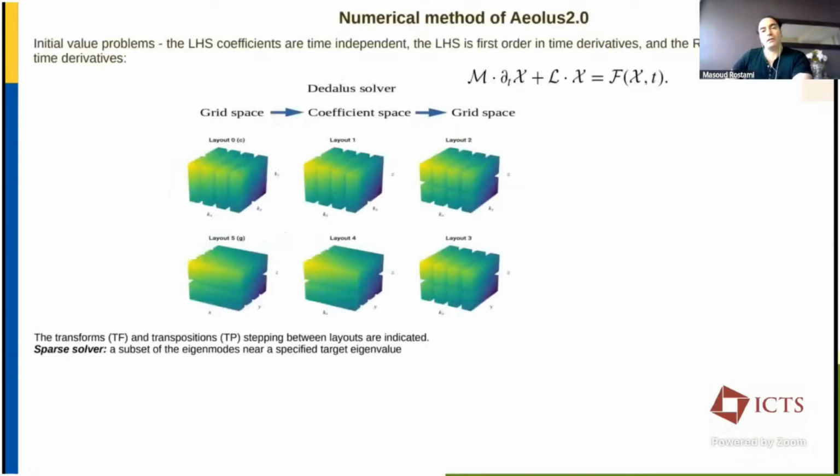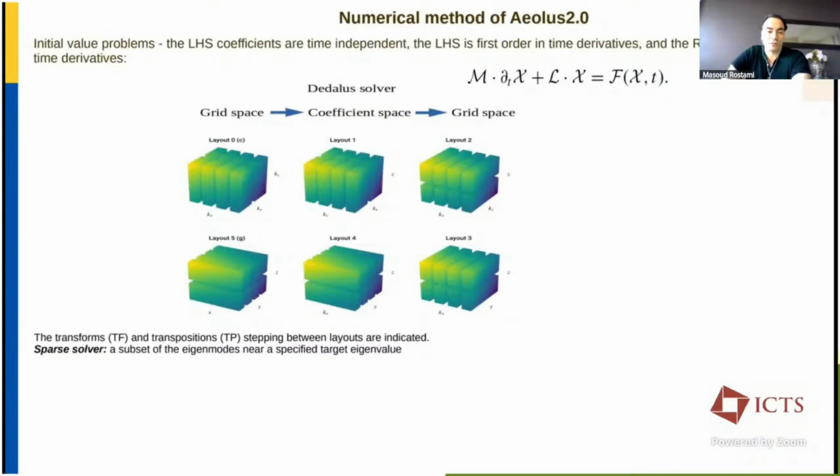Regarding the model itself, which we call Aeolus 2, the solver is Daedalus, and Daedalus, as you know, is a pseudo-spectral solver using spectral spherical harmonics. In this system we have a transition from grid space to coefficient space, and then again from coefficient space to grid space.